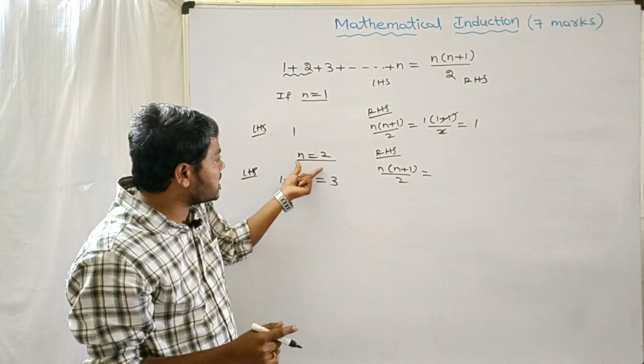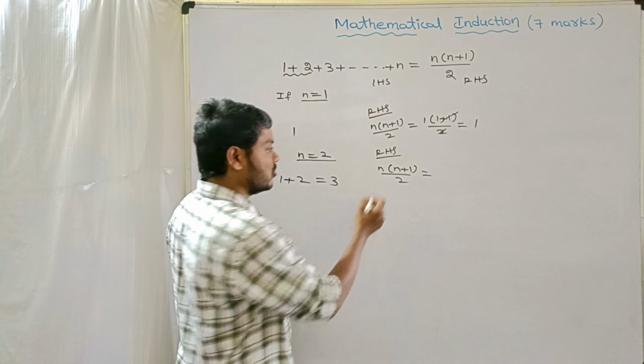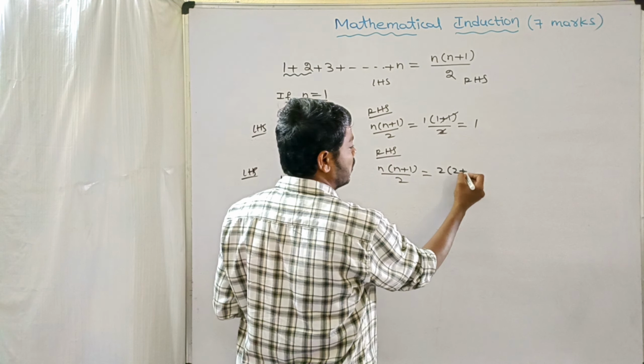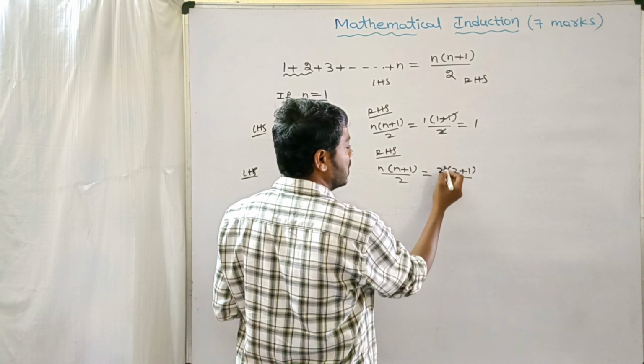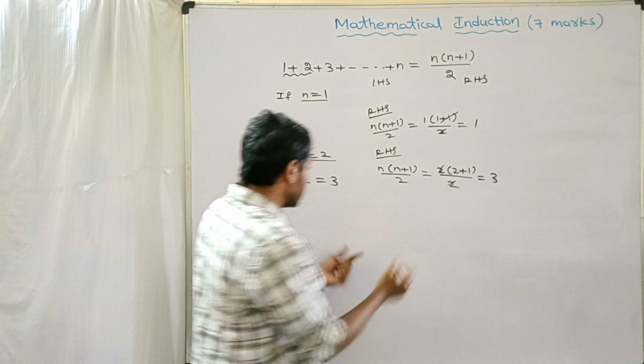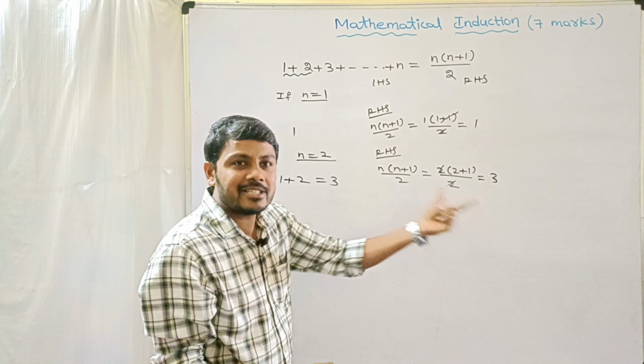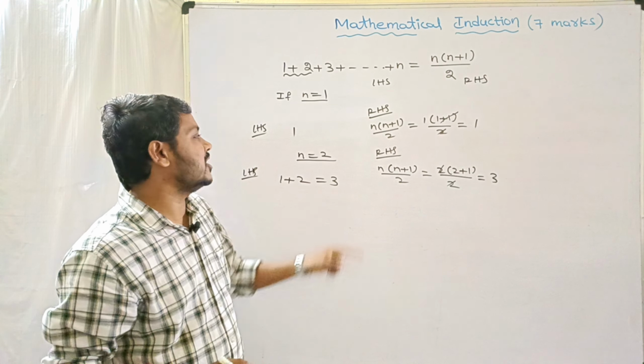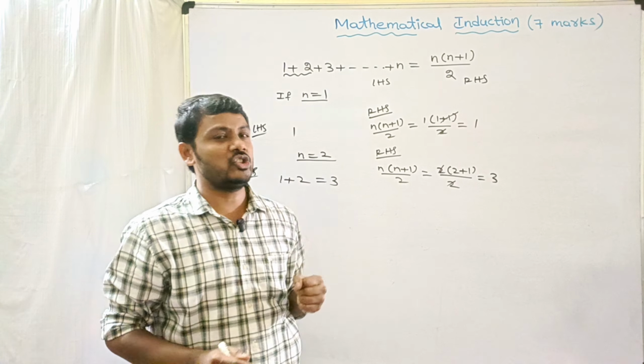Here we replace n by 2. So what will you get? 2 into 2 plus 1 by 2. So 2 gets cancelled, 2 plus 1 is 3. So clearly again LHS and RHS are equal. So we can say that the given statement is true for n equal to 2 also.